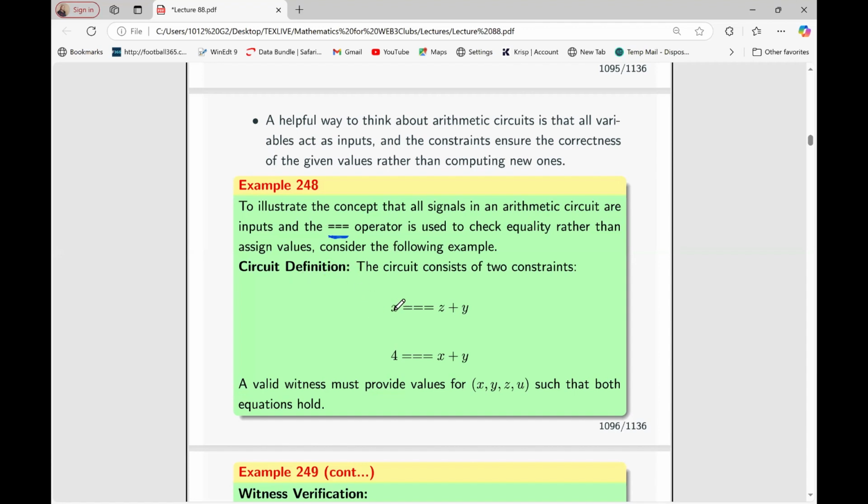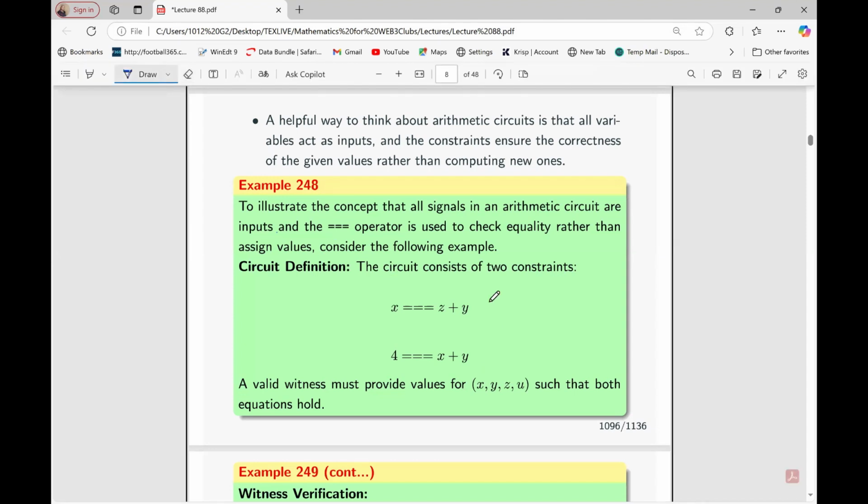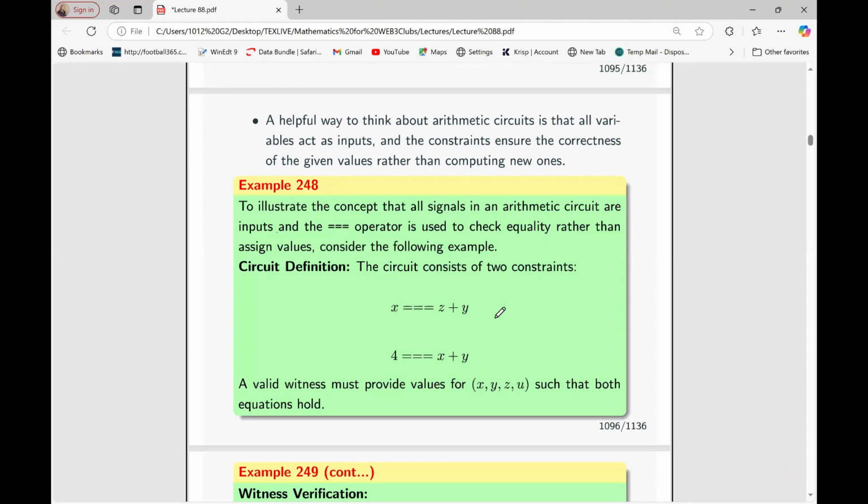Now we consider this example. This circuit has two constraints. I'm still using those terminologies so that we get used to them. This is an arithmetic circuit with two constraints. The term that we'll be using is constraints.